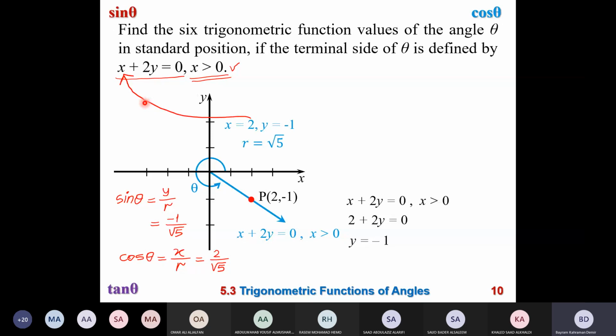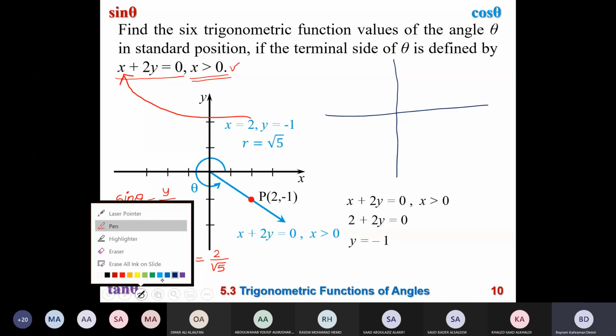So maybe in a separate picture, let me draw the picture here for you. Suppose somebody asks you to sketch this graph, Shabab. Then how do you sketch the graph of x plus 2y equals 0? Take points.